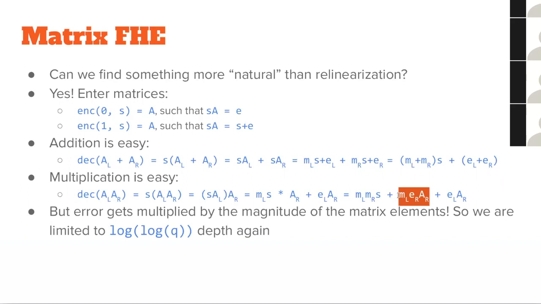Instead of working in the ring modulo 2, you can potentially work in the ring modulo some small number, maybe up to 100 or something. But working over things that are not bits seems intrinsically hard, because multiplying by things that are not small numbers causes error to blow up very quickly.